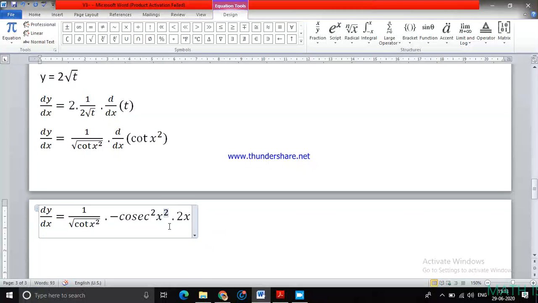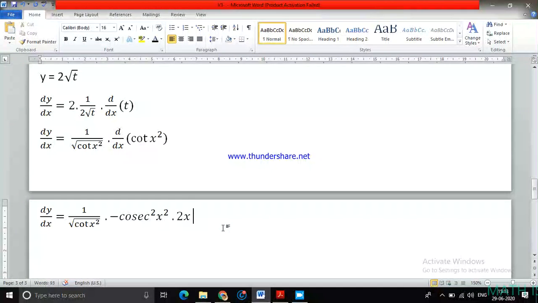Then I have to do derivative of x square, which is 2x, and derivative of x is going to be 1 only. If you want, put 1 also; otherwise, not required. So the final answer is minus 2x cosec x square upon under root cot x square.